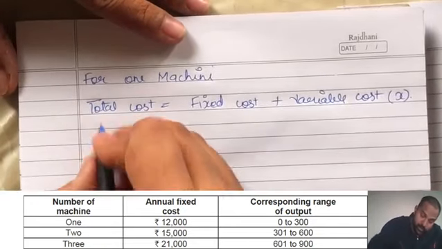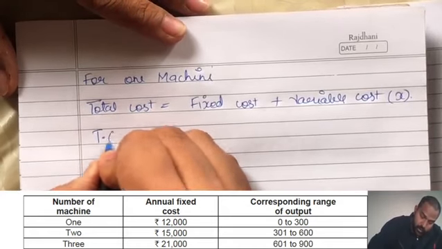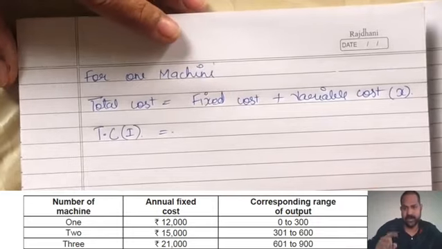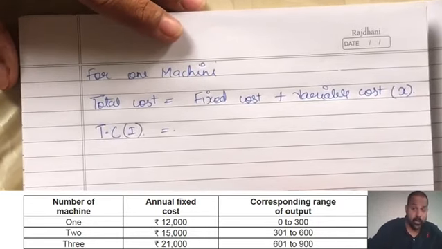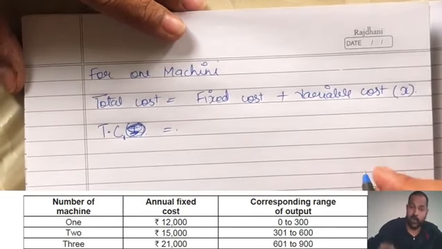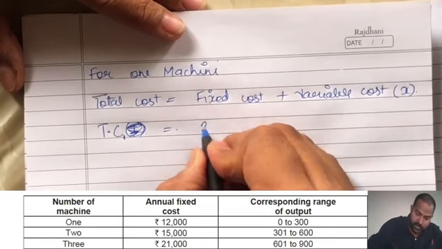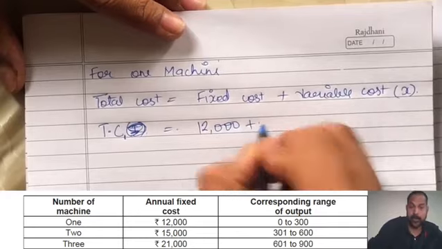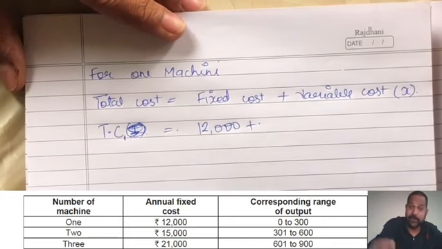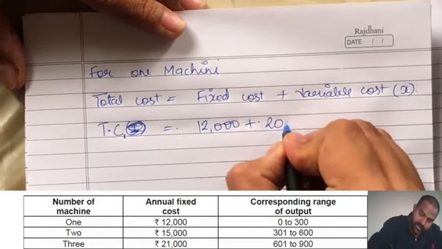So for one machine, total cost for one, I am writing one to represent that it is for one machine. You can write a 1 below, TC1. Total cost for one machine is fixed cost 12,000 plus. What was the variable? Variable is the same for everyone, but what is it? The variable is 20 per unit. So plus 20x.